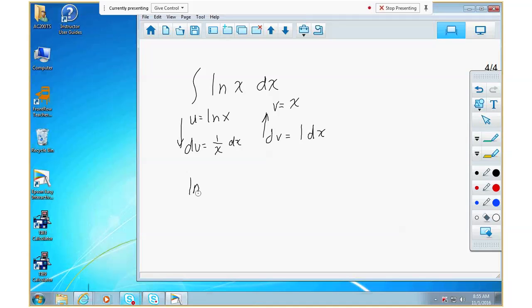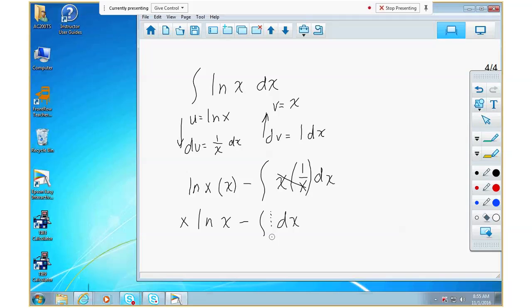Natural log of x times x minus the antiderivative of x times 1 over x dx. Natural log of x minus, what happens to the x's? And you're left with the antiderivative of dx.